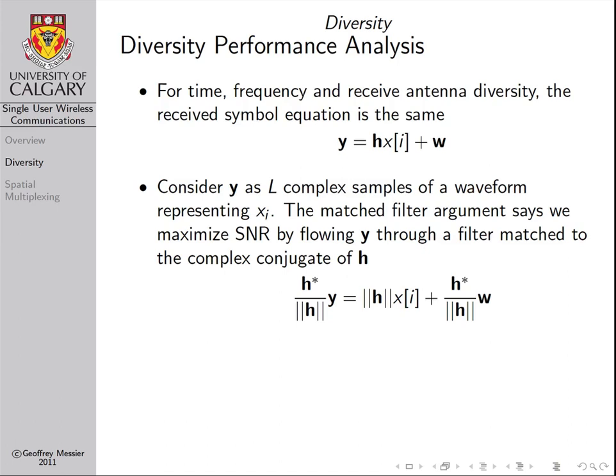And so if we create a matched filter that is matched to the channel distortion H, basically what we do is we take our received symbol vector Y and we multiply it by the conjugate transpose of H. This is essentially just a matched filter structure for our received signal.